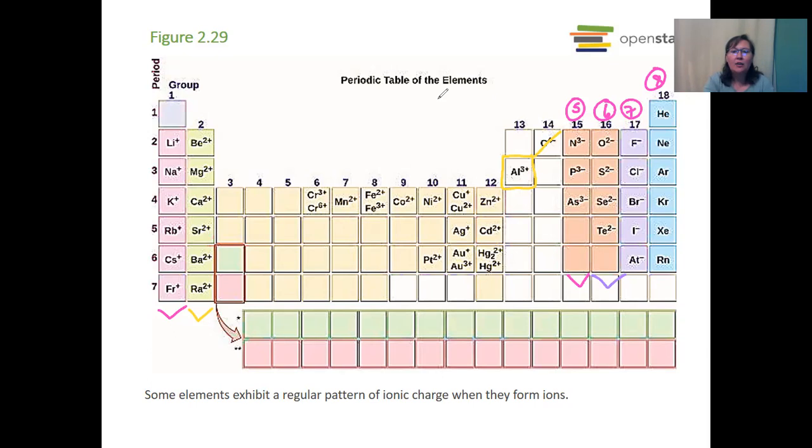And then here you can see your noble gases, and these are all neutral. So no charge, and they don't form ions, no ions. And then here we have our halogens all with a -1 charge.